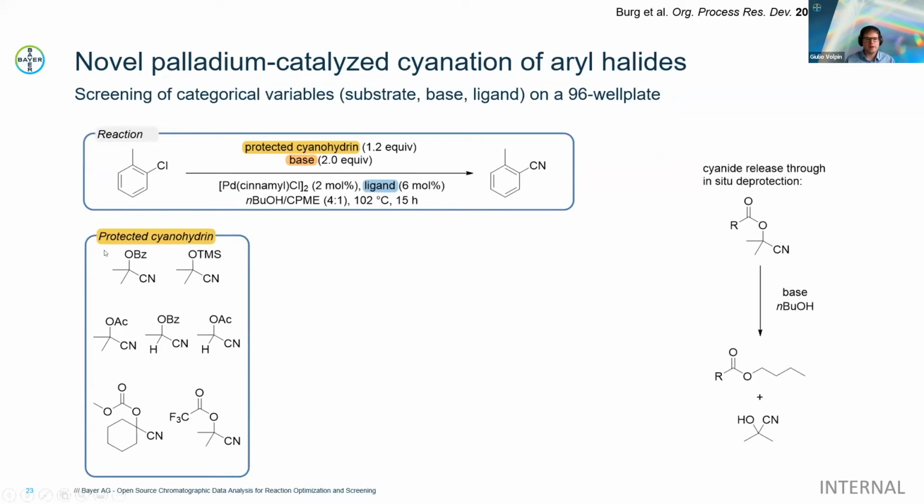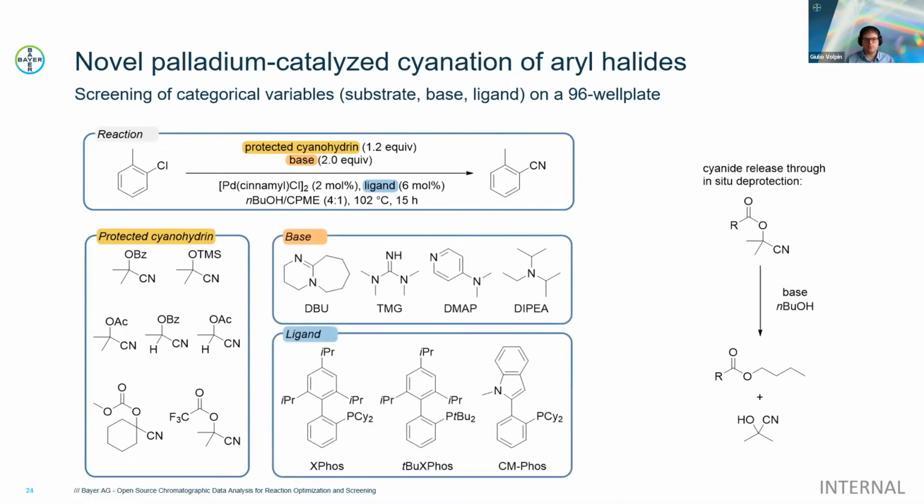And for this, our postdoc Max Liebesmeyer synthesized several protected cyanohydrins, some with more bulk here, some with different electronics on the protecting group part, and we set out to screen several bases.